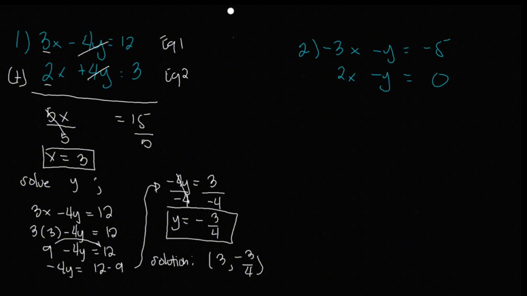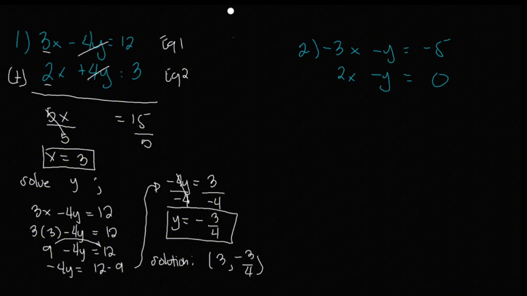Now, let's go ahead and try example number 2. Same process. Earlier, we were able to cancel out, or eliminate, variable y because it has the same numerical coefficient and different sign. So let's do that also in example number 2. We just need to pick any of these variables that has the same numerical coefficient and different sign.